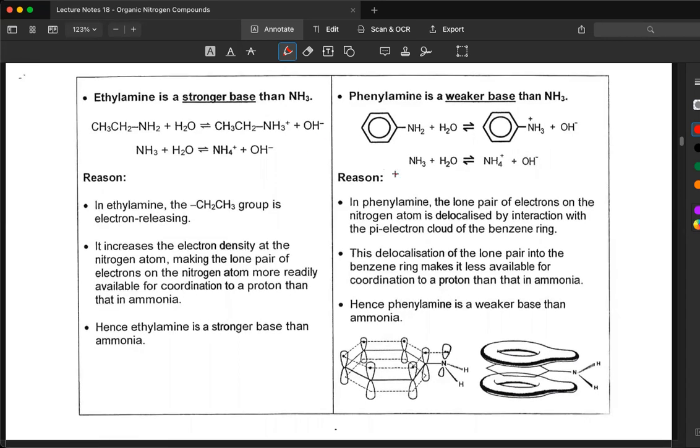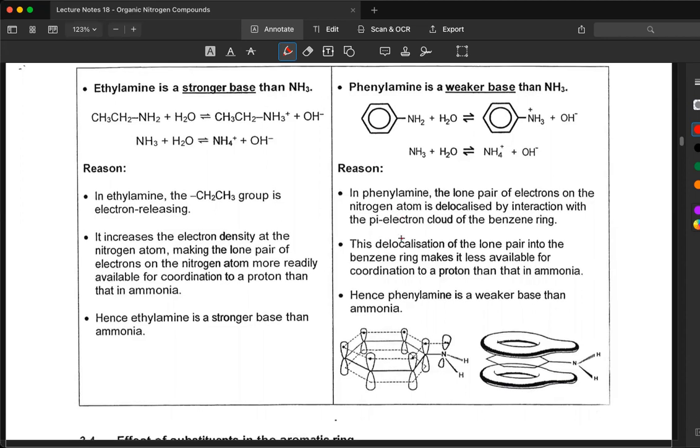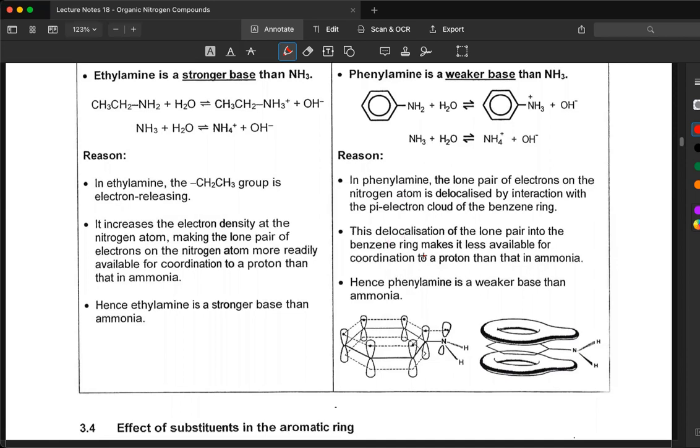As for phenylamine, why is it a weaker base than ammonia? It's because the lone pair of electrons on nitrogen becomes delocalized through its interaction with the pi electron cloud of the benzene ring. So this delocalization will make the lone pair less available for coordination to a proton compared to ammonia.